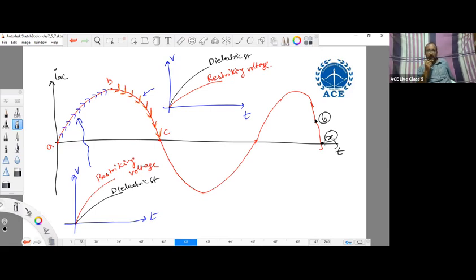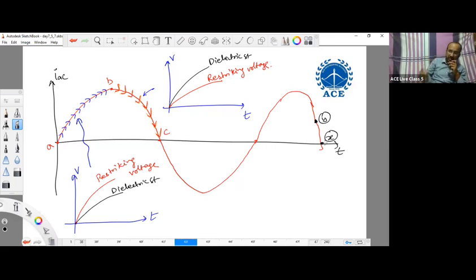Current 0 point is preferred to quench the arc. Why? What is the reason? Because if you quench the arc at current 0 point, the amount of insulation that is required will be less.